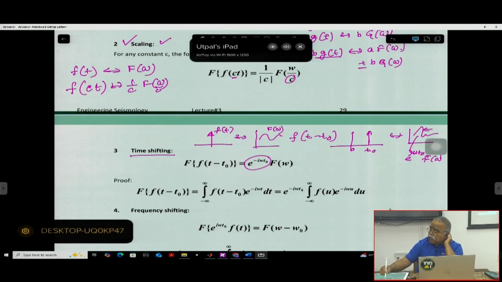Whatever your F(omega) was, you have to multiply it with e to the power j omega t0 if you shifted the scale by t0.